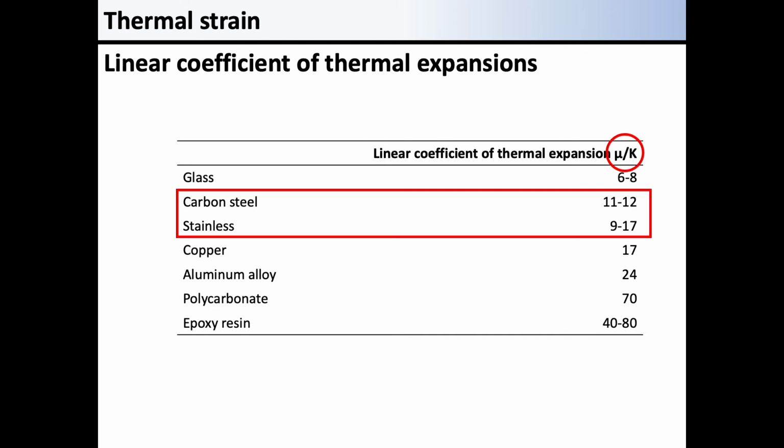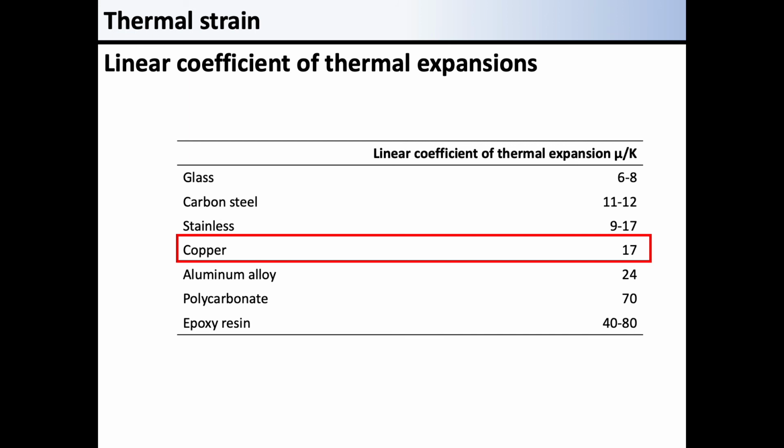Again, the linear coefficient of thermal expansion is usually measured in units of 1 over Kelvin, which is the unit of strain per unit temperature change. Strain is usually expressed in micro, so you may sometimes see the notation of micro per Kelvin, or you can write down the part of micro as multiplied 10 to the minus 6 per Kelvin. In any case, the value of carbon steel is about 11 micro per Kelvin.